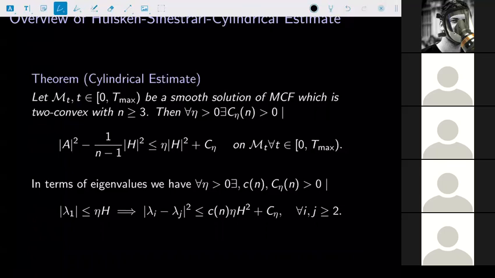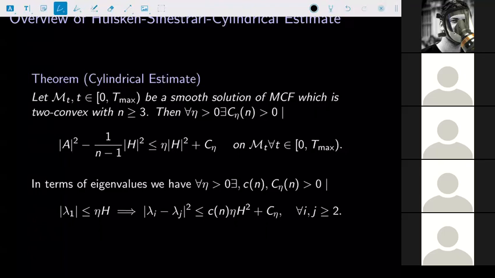Now this is a little more hopeful to generalize to the high codimension case, because it doesn't depend on anything that only holds for a hypersurface. You can't talk about eigenvalues of the second fundamental form for high codimension, but you can talk about the ratio of the squared norm of the second fundamental form to the mean curvature. So this is the kind of result you would like to generalize to high codimension.